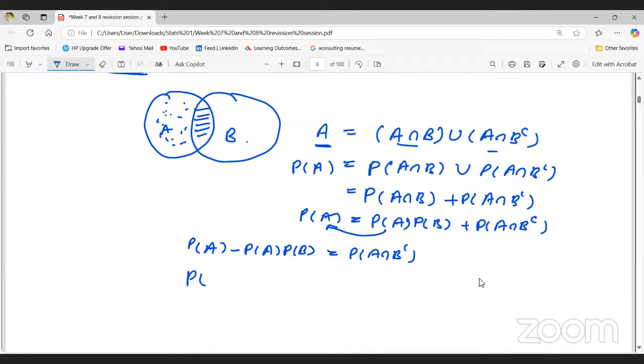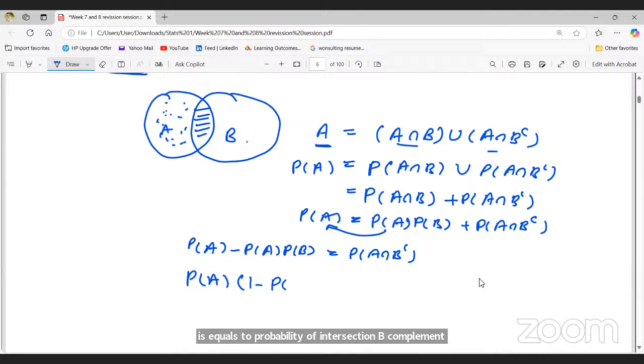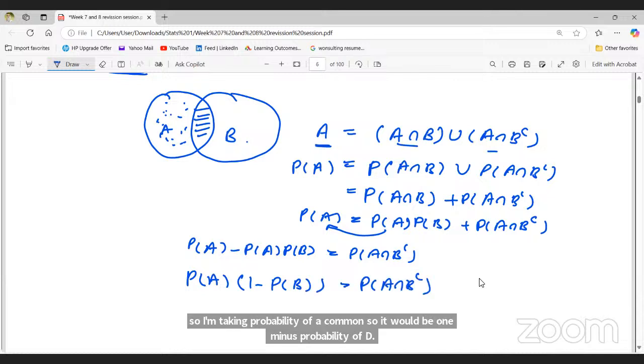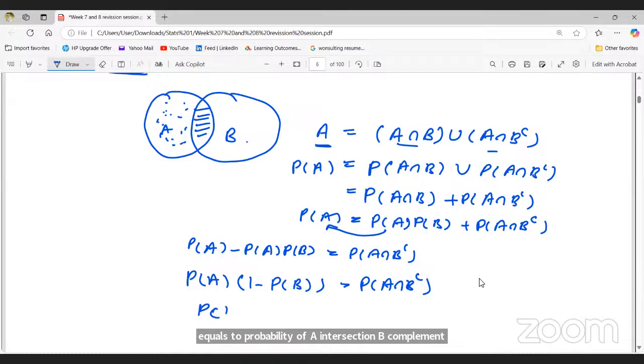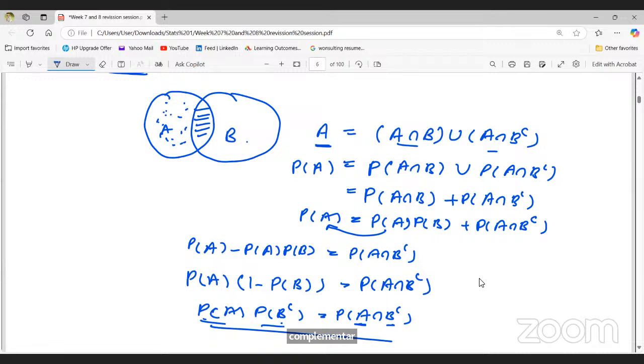Taking the probability of A common, it is 1 minus the probability of B, which equals the probability of A intersection B complement. So this equals the probability of A times the probability of B complement. This is the condition of independence: the intersection of two events equals the product of their individual probabilities. That means A and B complement are independent. You got this? Yes, ma'am. Everyone?